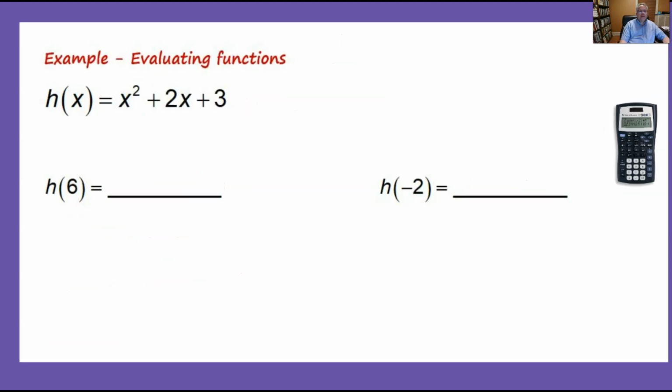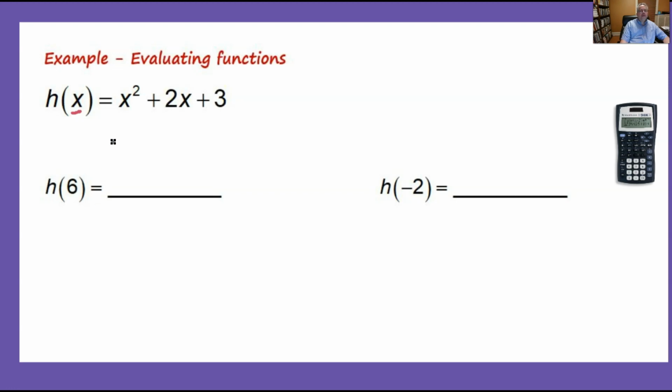Well, here's the next example. Here's another function. So this tells me that whatever the input is, this is what we do to it to calculate the output. It says that whatever the input is, we're going to square it, then we're going to add 2 times the input, and then we're going to add 3.